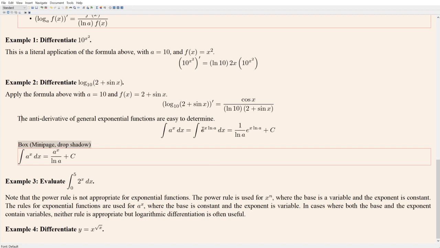The antiderivative of e to the x times a constant, and log a is just a constant, well, that is e to the x log a divided by the constant. So this is literally just 1 over log a, e to the x log a. And then e to the x log a is a to the x. So we arrive at this formula. So the antiderivative of a to the x is just a to the x divided by natural log a.